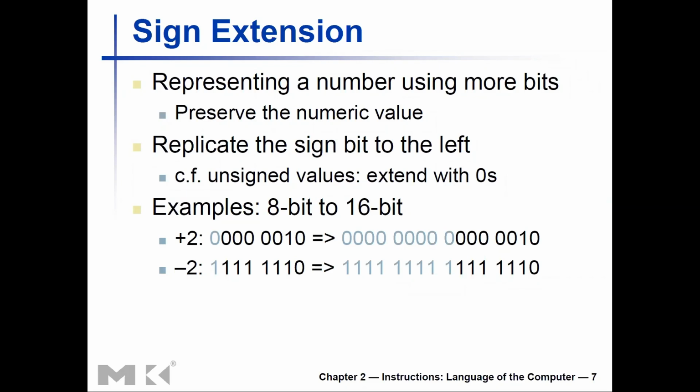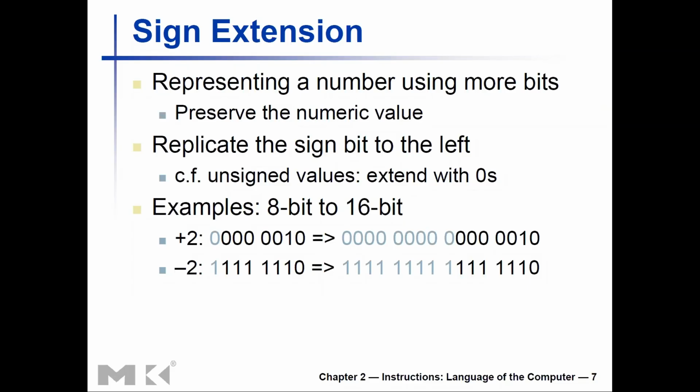And if the most significant bit is 1, then it means that it's a negative number. If you replicate that 1 to the left, you will get the same negative number represented in a higher number of bits.